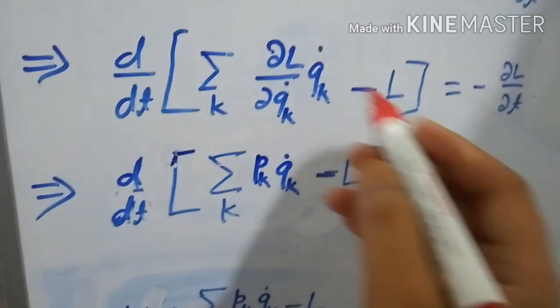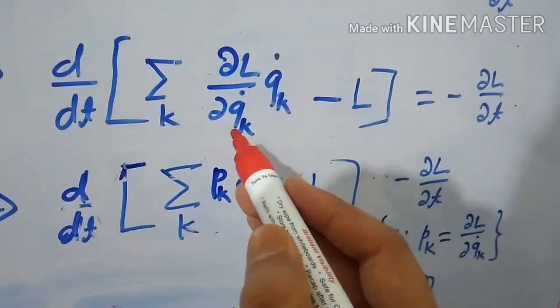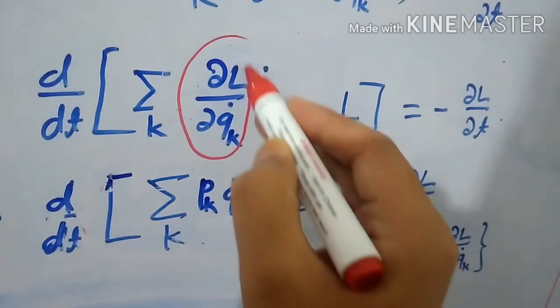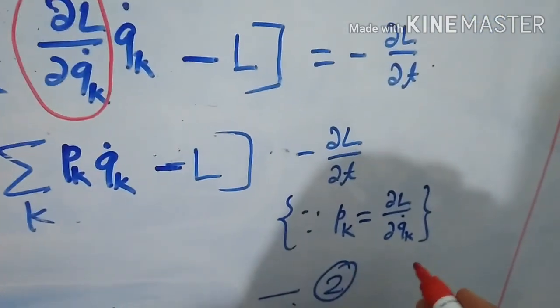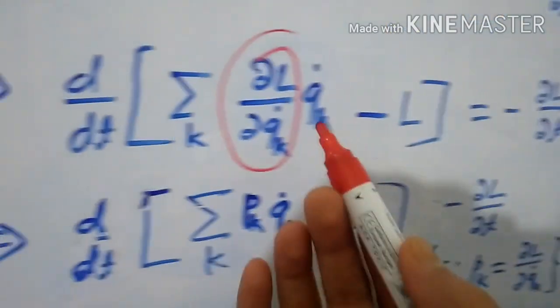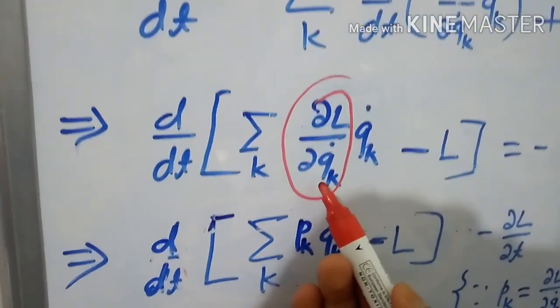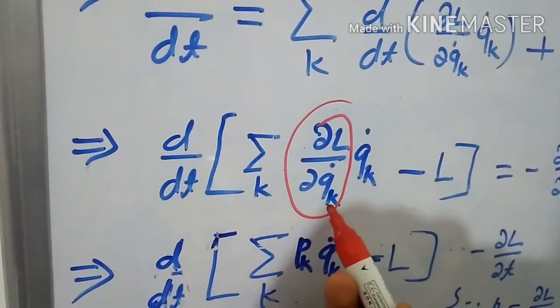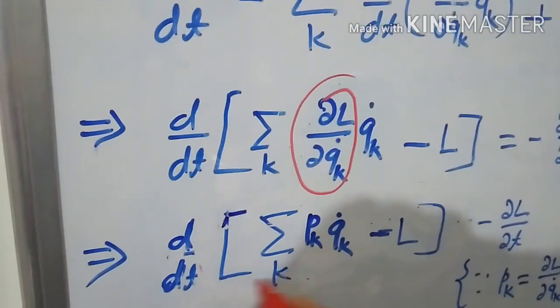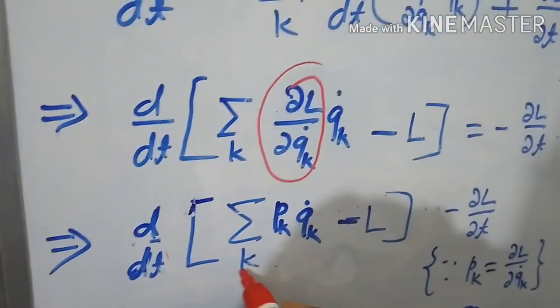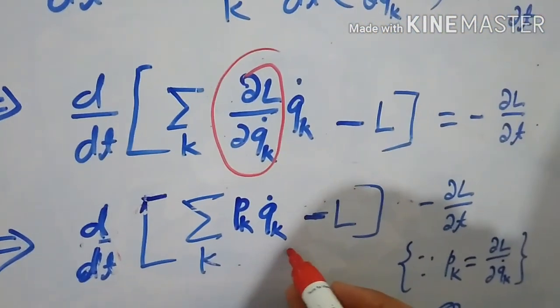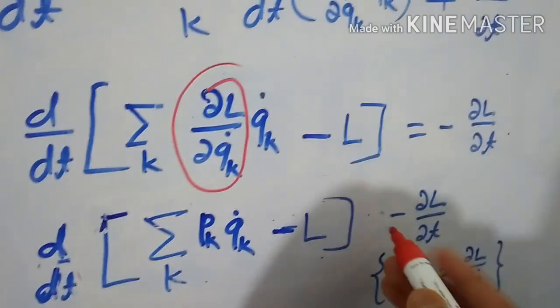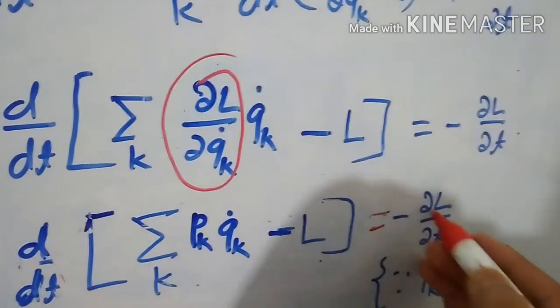Since we know that pk is equal to del L upon del qk dot, we replace del L by del qk dot with pk. Then we have d by dt of summation k pk qk dot minus L is equal to minus del L upon del t.